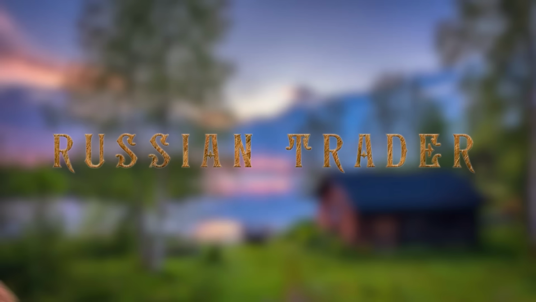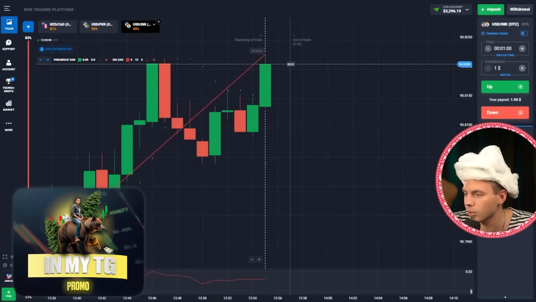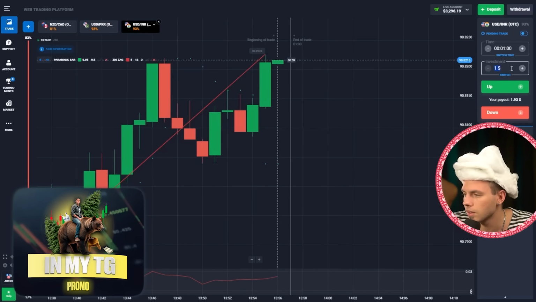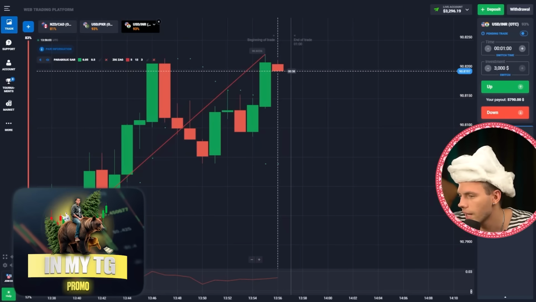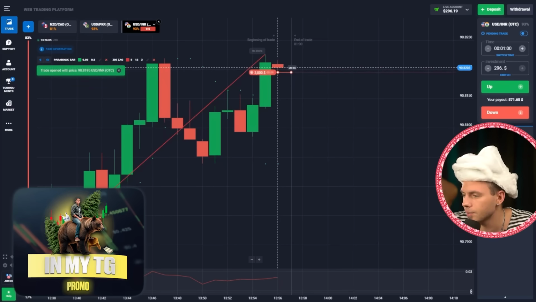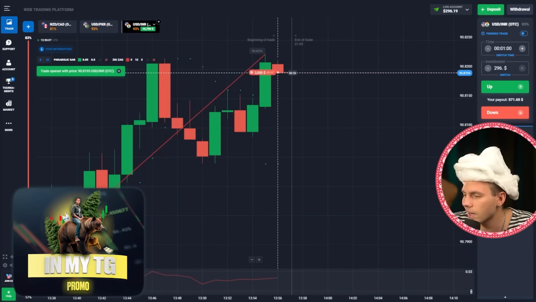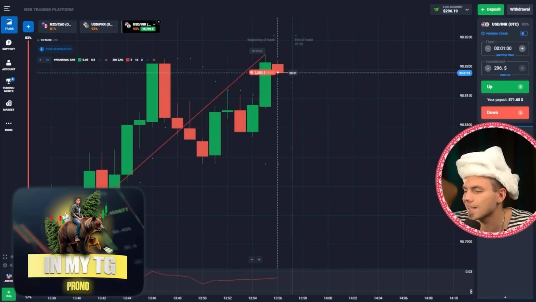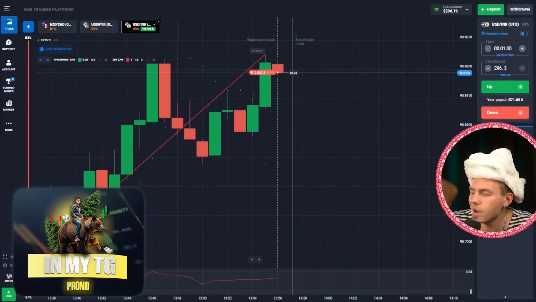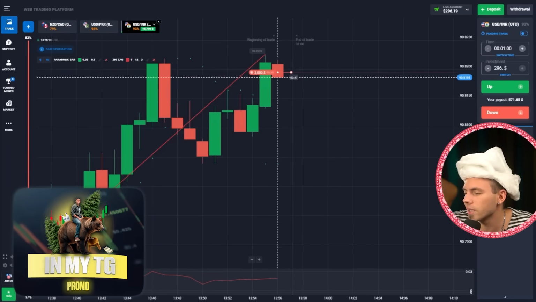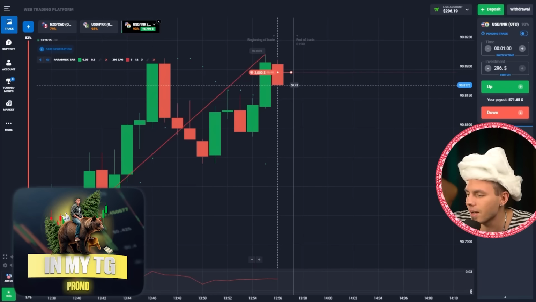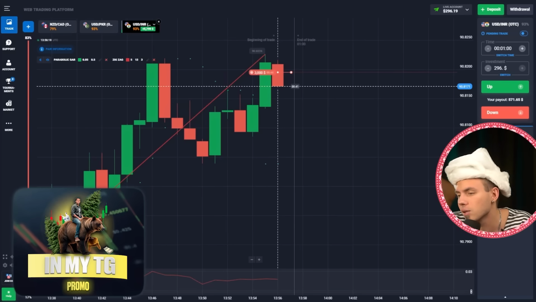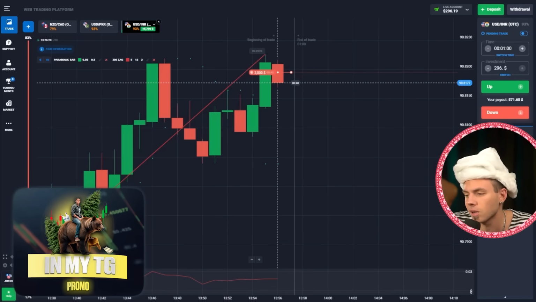Okay, what do we got here? Let's set the amount, 3,000, and right now I'm opening a sell trade. Here you see, right, this level, 0.8226, is a local high and resistance on this chart, so this is a very strong resistance level right now, and we reached this level.